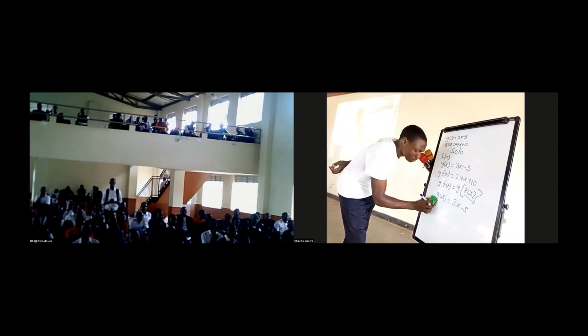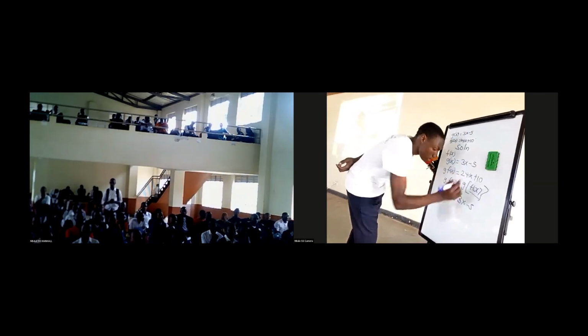But the g of x is 3x minus 5. Then the g of f of x will be equal to 3 into f of x minus 5.